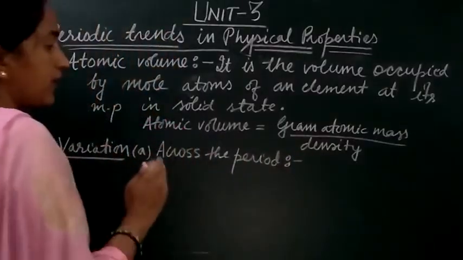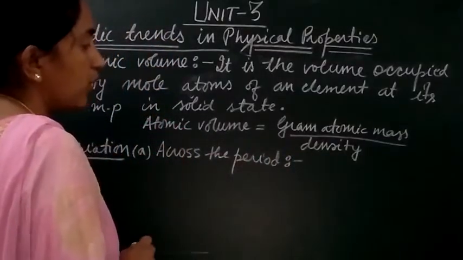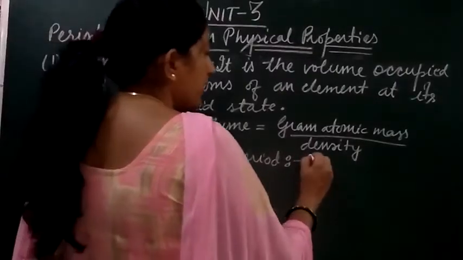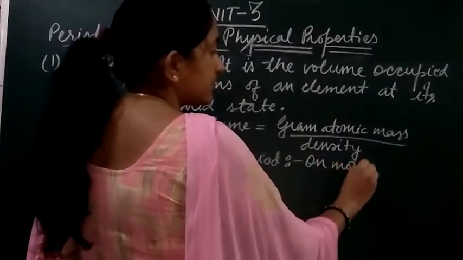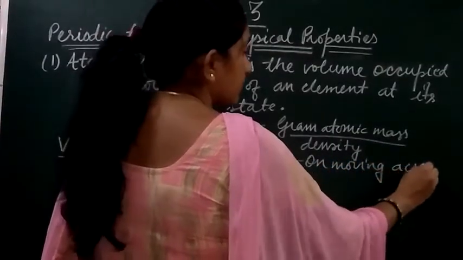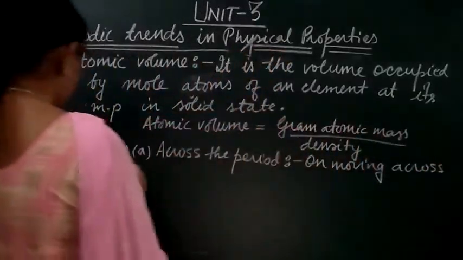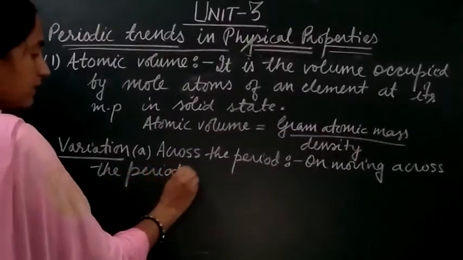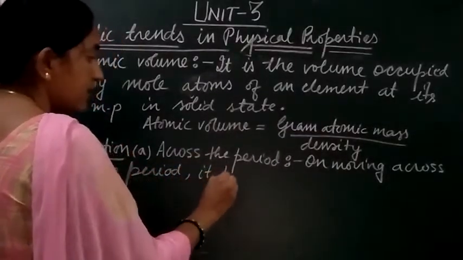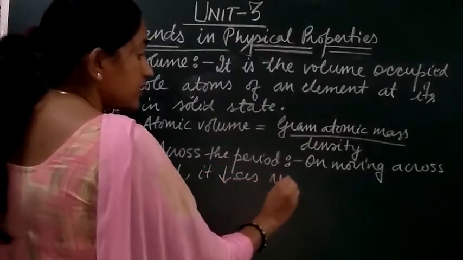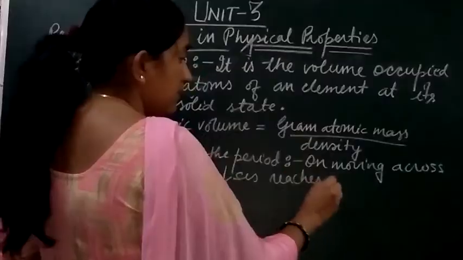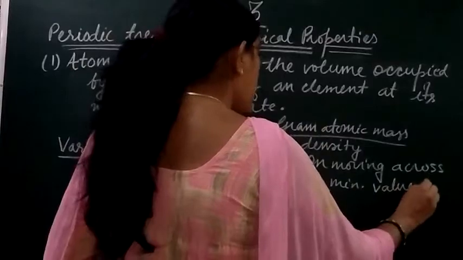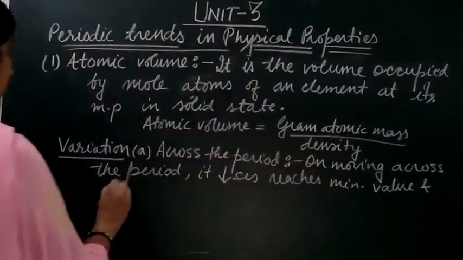When we move across the period, the atomic volume decreases, reaches a minimum value, and then increases.